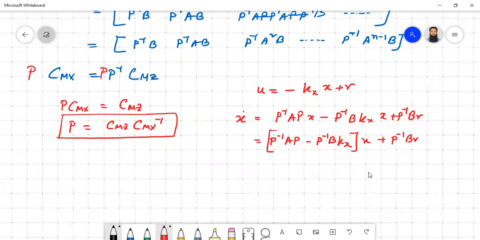There is no change in the output equation. Output is Y equal to CPX.